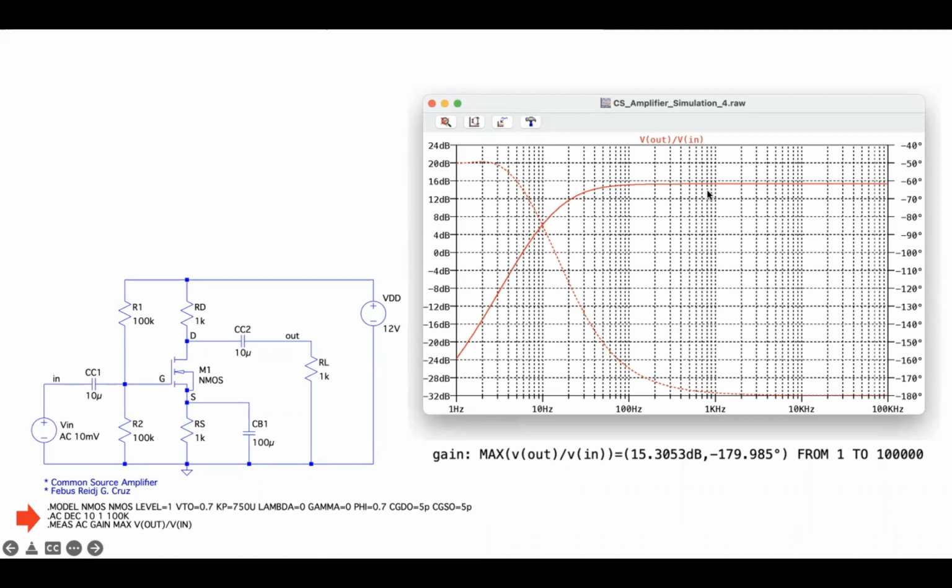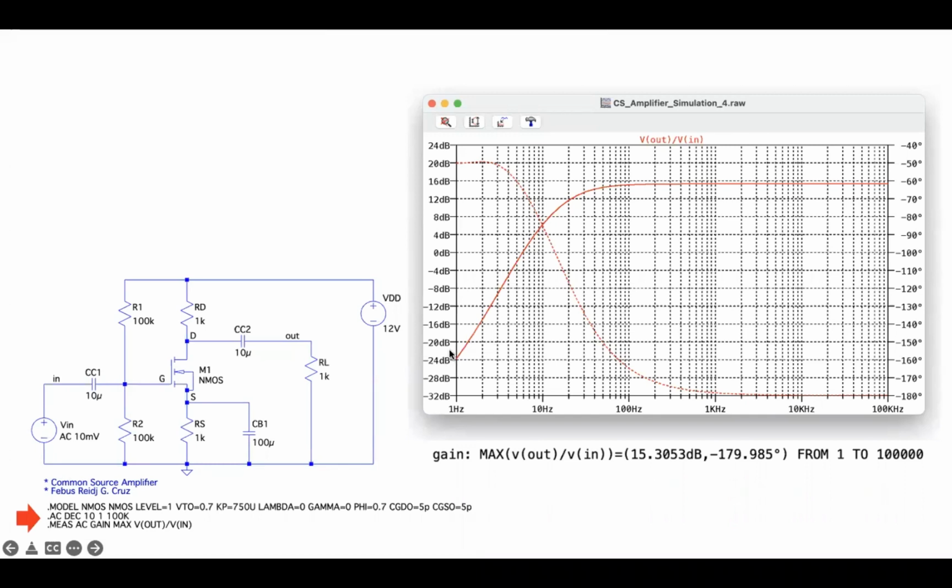So this simulation result guarantees that using this circuit, you can apply an input voltage with a frequency of around 100 hertz up to 100 kilohertz, and this amplifier circuit will provide the maximum possible gain.